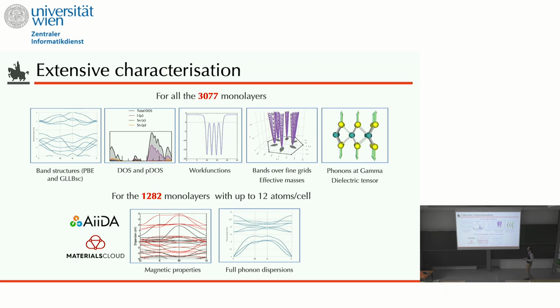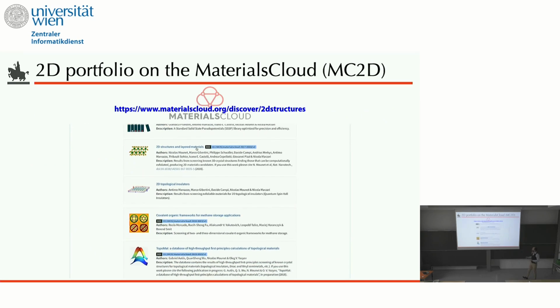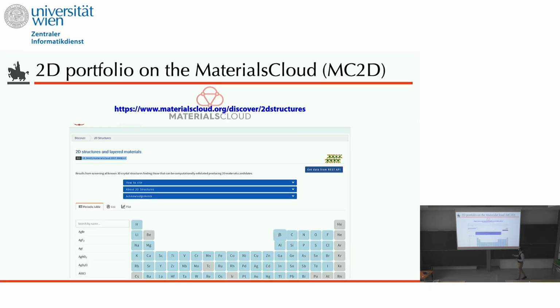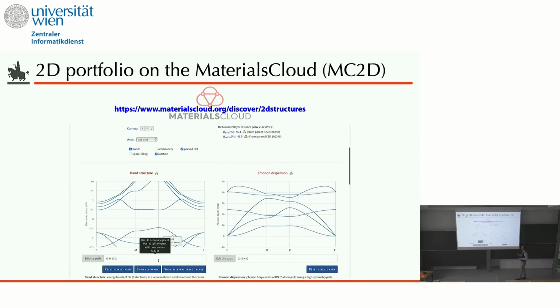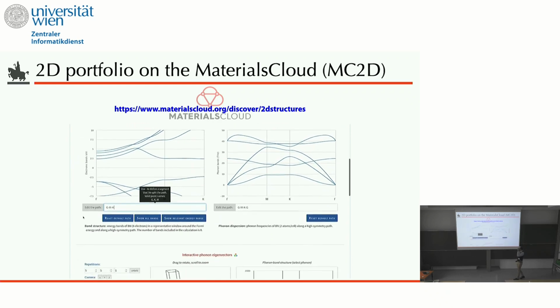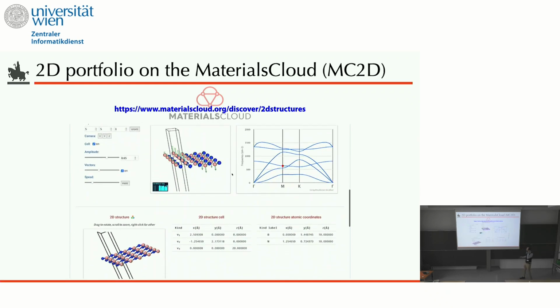And again, the nice thing about using this AiiDA platform is that we can easily extract the results and put them on Materials Cloud, which is a web platform where you can search for the materials in the database, look at the structure, the band structure, the phonon dispersion, and you can even play with the path. For the phonons, you can even look at the displacement.